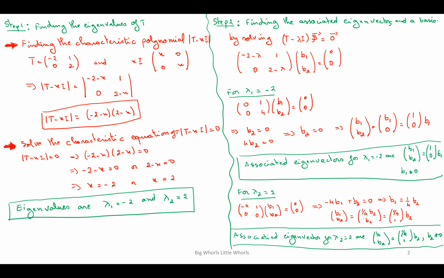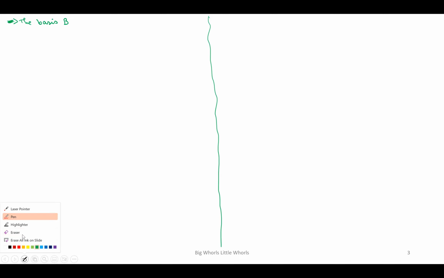Okay, so this is going to be the end of step 2. Not really. We need to find a basis. Okay, the basis B is equal to beta 1 and beta 2.